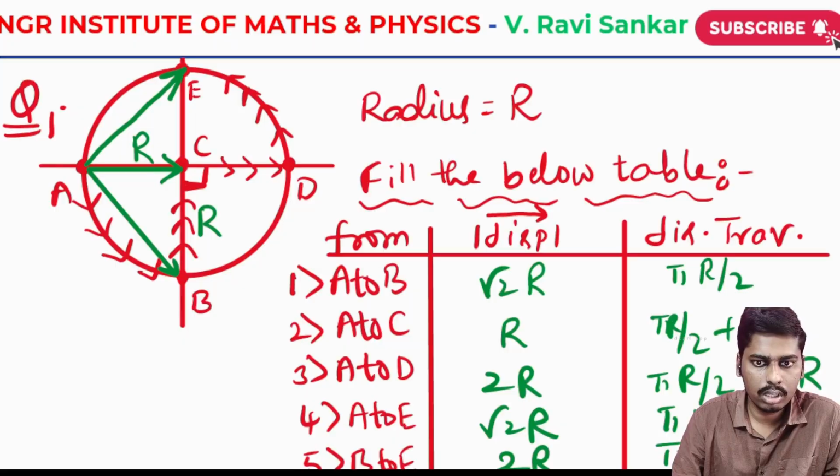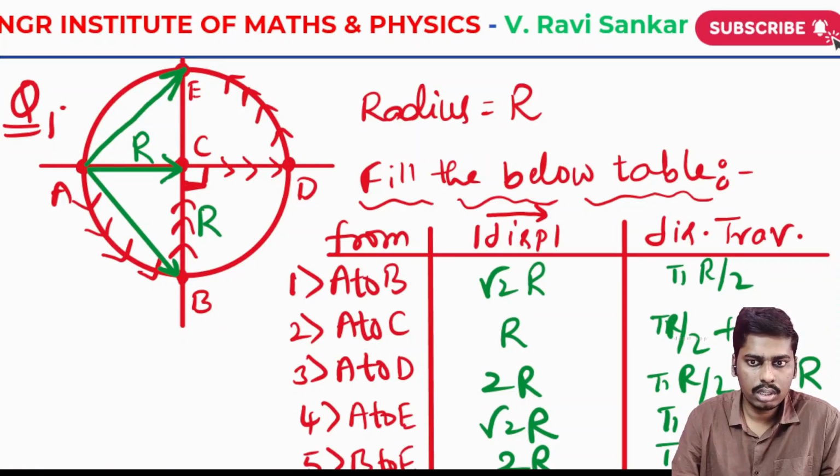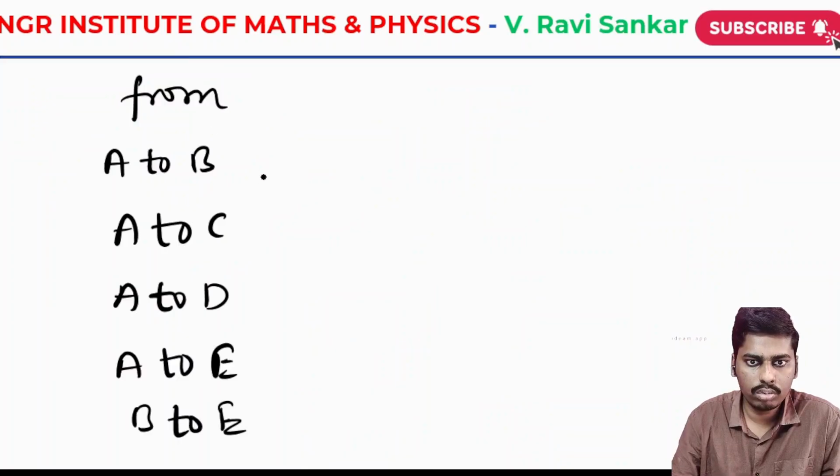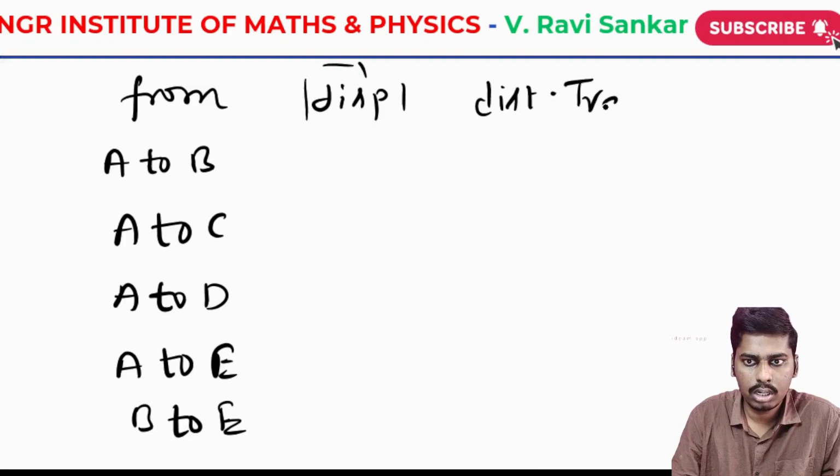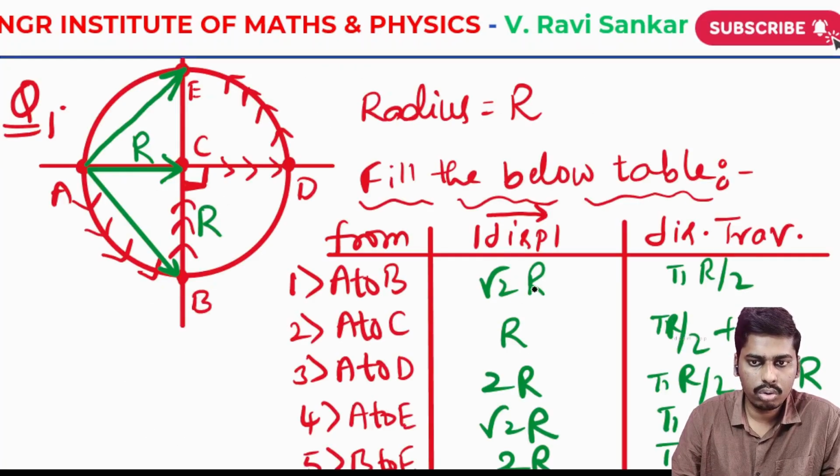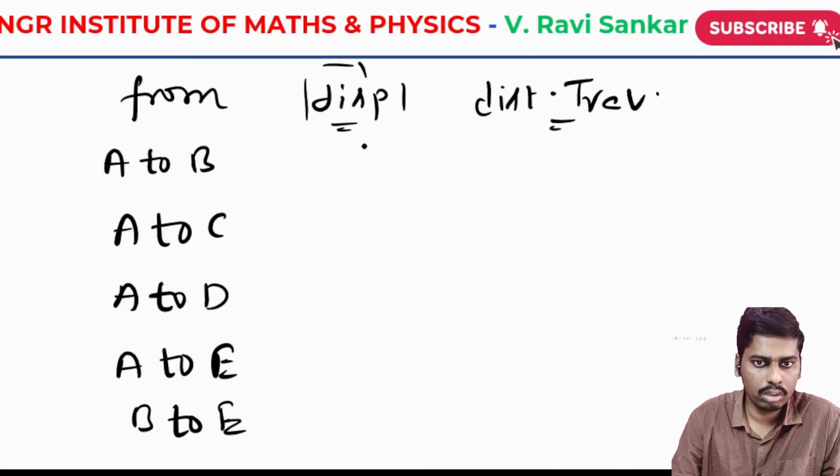Okay, yes. Root 2 r, pi r by 2. The magnitude of the displacement and the distance traveled, we need to fill up the tables. Root 2 r, pi r by 2.